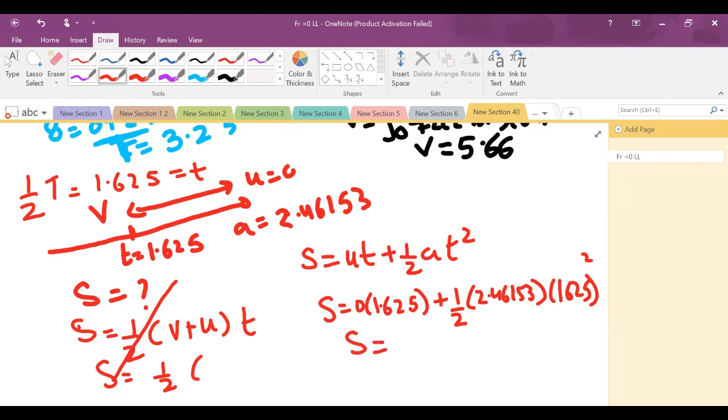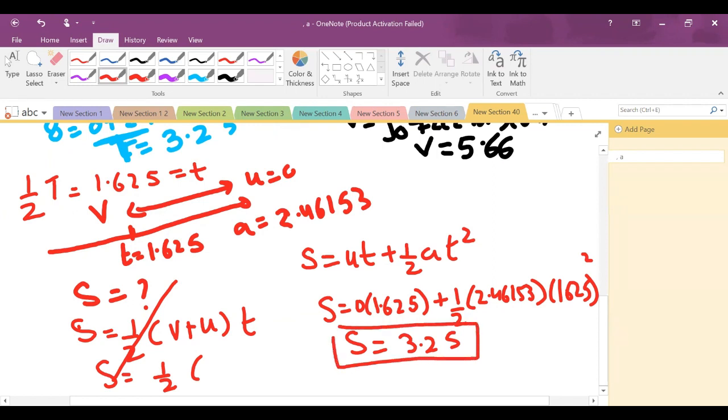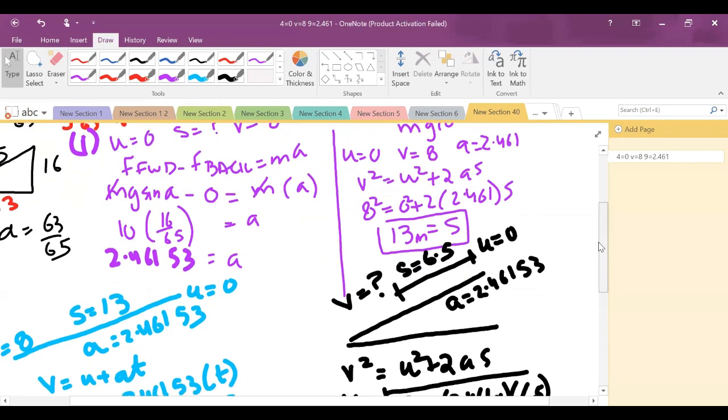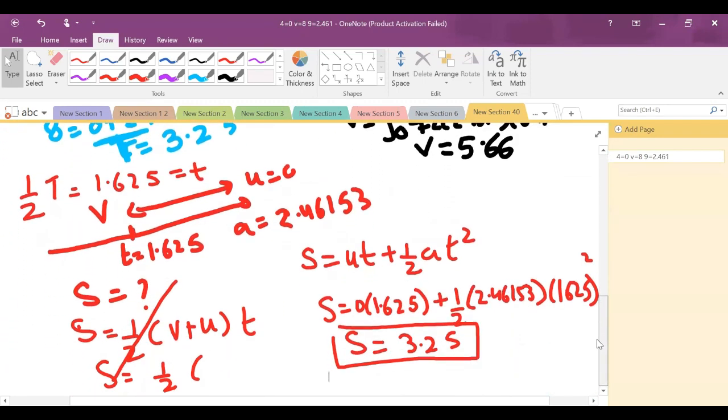Okay, this should give you the distance, which is 3.25. That is the answer. All right. This classwork is done for today.